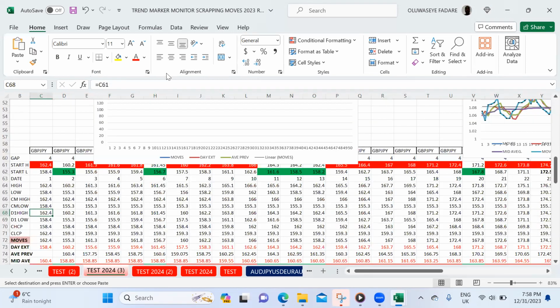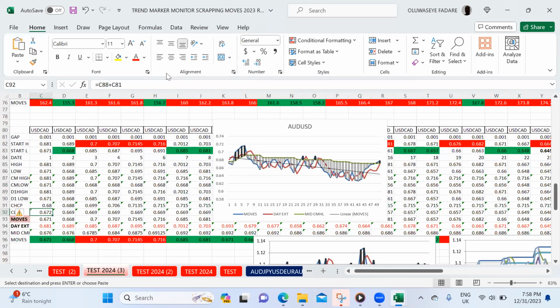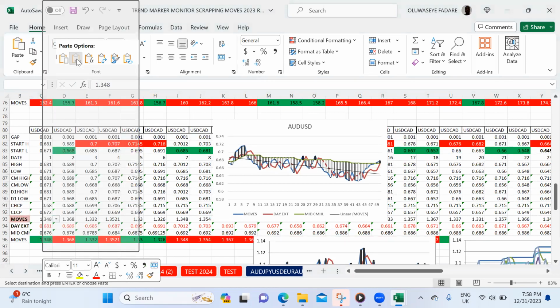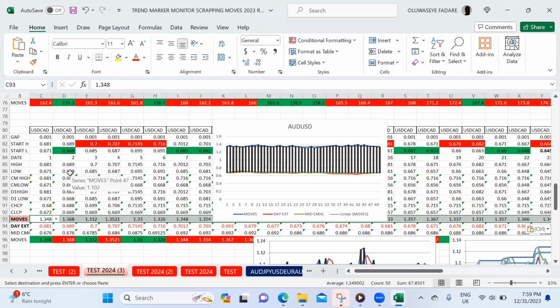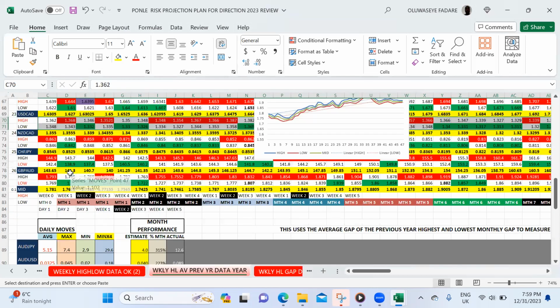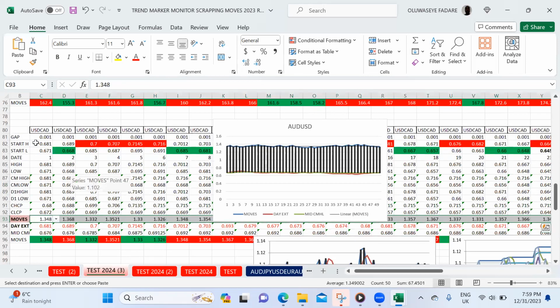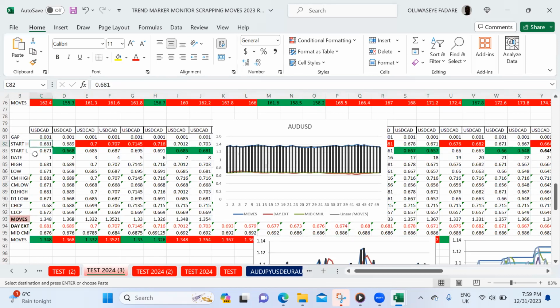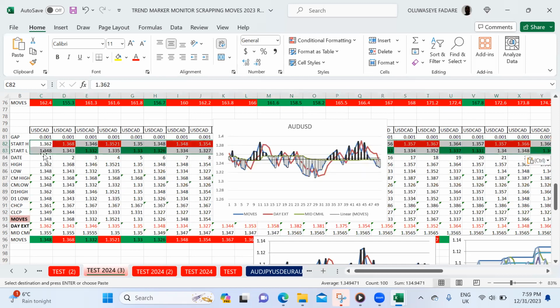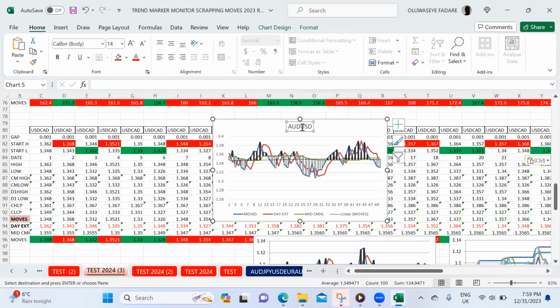So let's go down below as well. And then we copy our start handle as well because it's different from what was there before. And you see our chart also changing. So here now we have USD card.